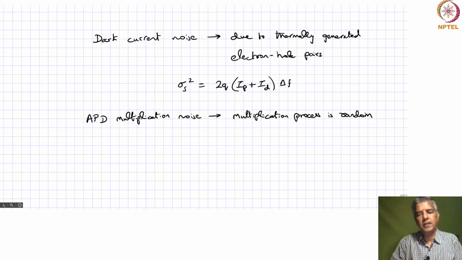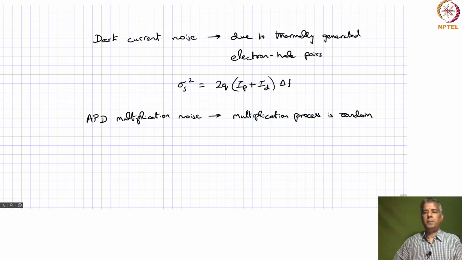We said you may have a mean multiplication factor of say 10, but it's not 10 all the time. At some instant it may be 10, but some other instant it may be 7, or some other instant it may be 12, and so on. So there could be changes in that multiplicative gain value, because it's a random event. The impact ionization and the avalanche gain that you get because of that is a random event.